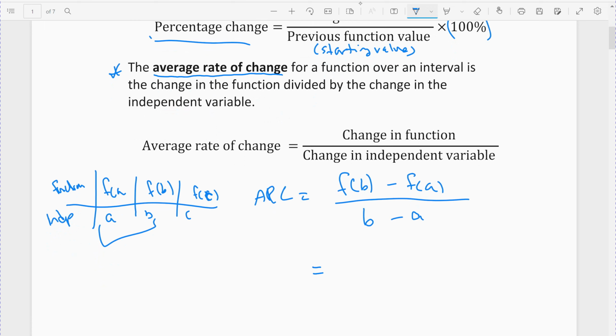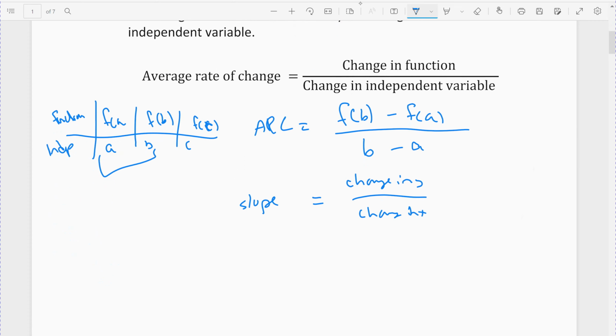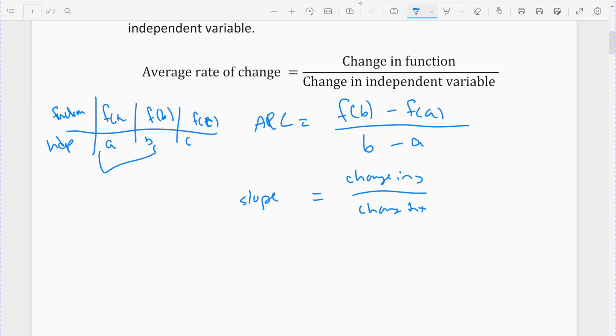In algebra, this would be the change in y over the change in x. And again, that's a slope, if you remember that from algebra, the change in my function. The average rate of change is actually very useful. Whenever we talk about changes, a lot of times it's average rate of change.